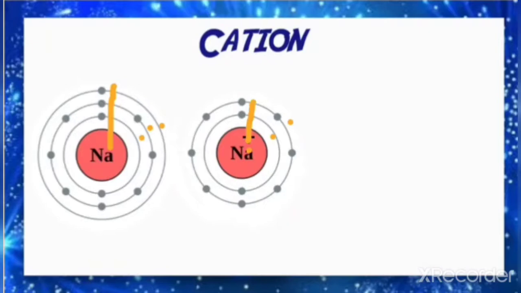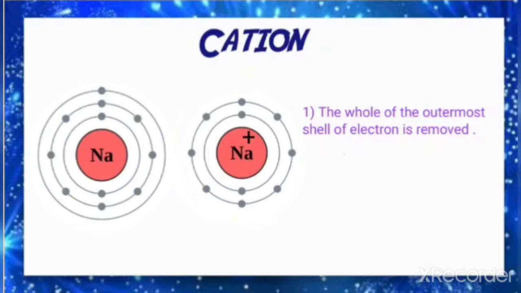So definitely the distance from the center to the outermost electron orbit is reduced, and the size of the parent atom is greater compared to the cation. It is clear that the whole outermost shell of electrons is removed due to the loss of electron.